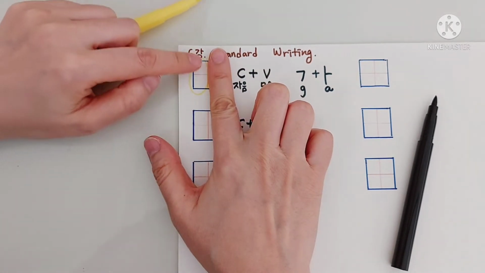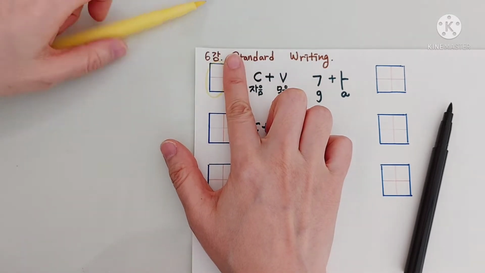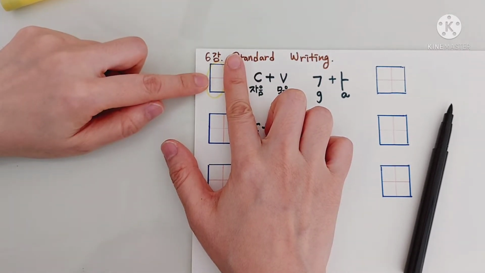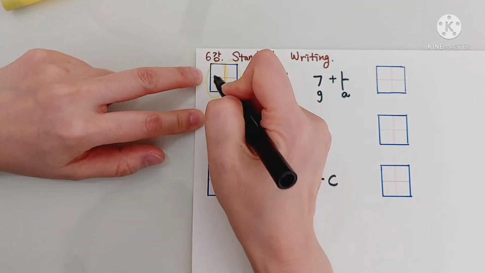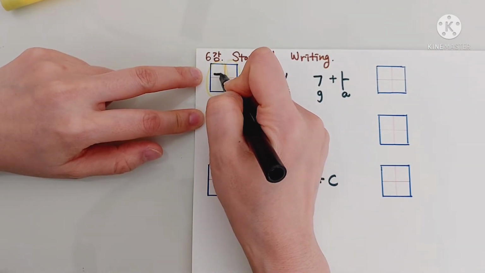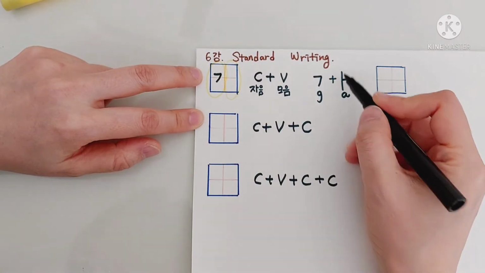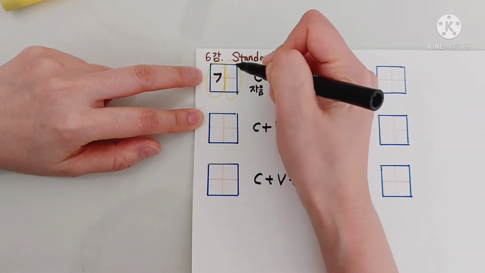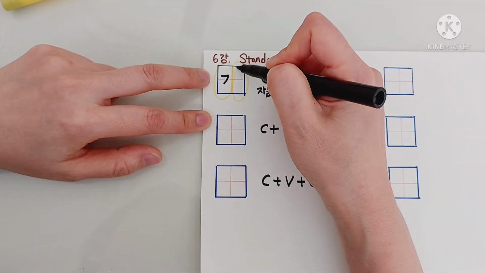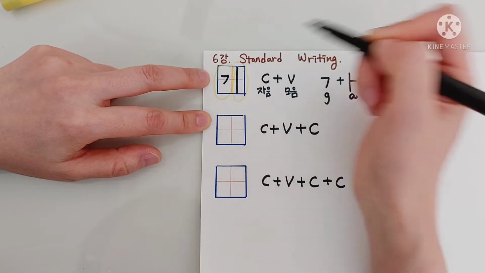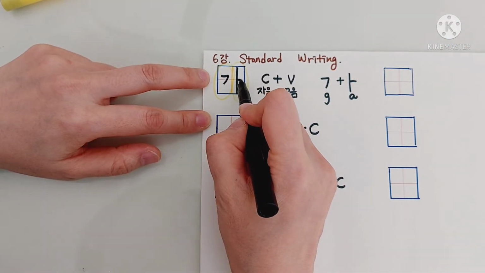These 2 parts are for 그. And then in the middle, this part is for 아, with a short line, almost half, like this.